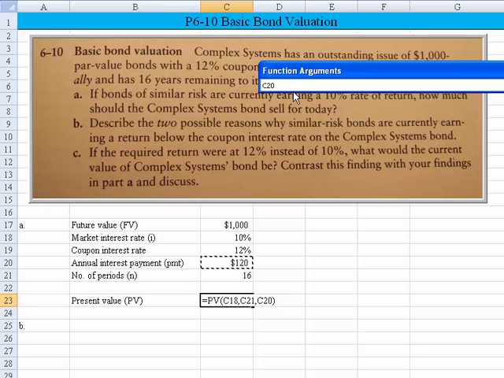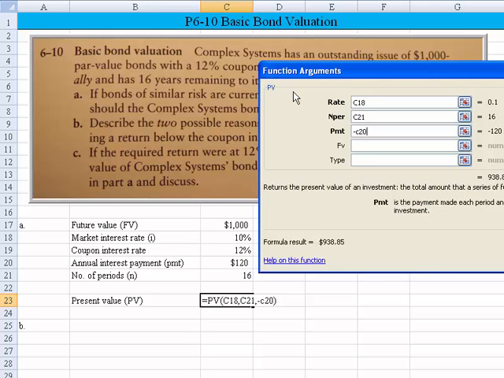Okay, now I'm going to make this a negative C20 because I'm going to treat this as if we are going to sell the bonds today. In other words, we're going to get the money for the bond, and we would have to then make the payment. So we'll show all the payments as outflows, or a negative number, and there's my negative 120 there. Okay, and the future value, I'm going to do the same thing.